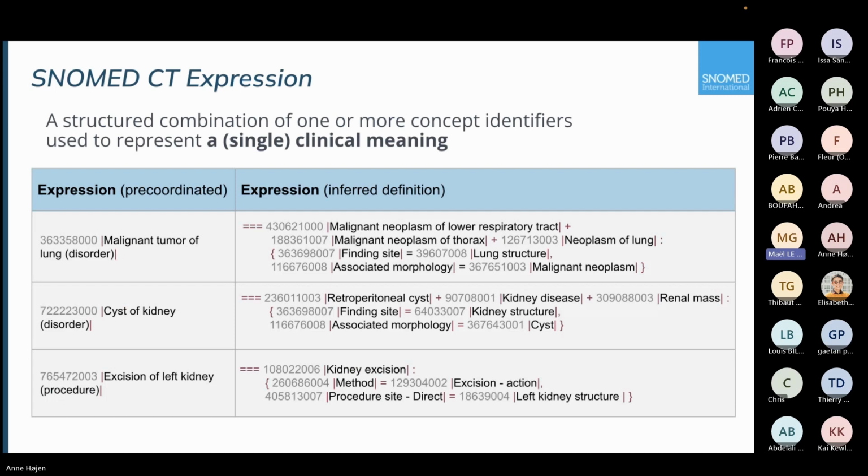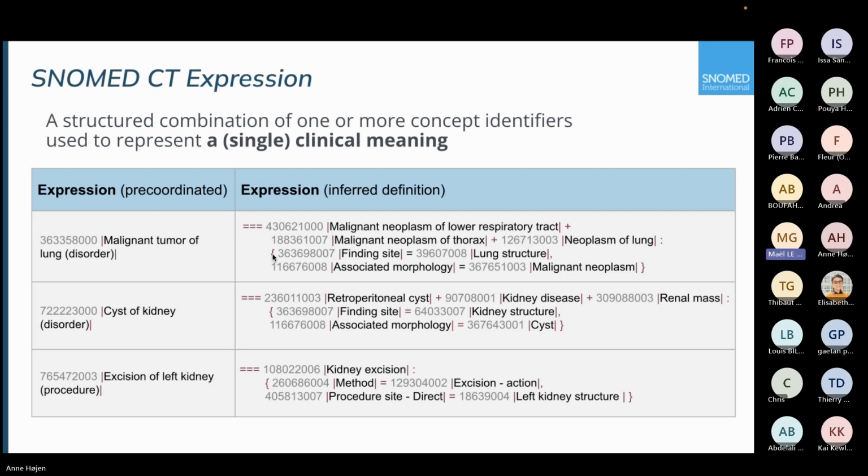So that's where you saw the expression in the browser. So here you have an example of the simplest of three simple forms of expressions. Essentially you can say that a concept ID, just a concept ID, that's also a very simple form of an expression. It's just referring to that single concept. But you can have the same meaning represented as an expanded expression as you have it here, with malignant tumor plus malignant neoplasm plus neoplasm of lung.